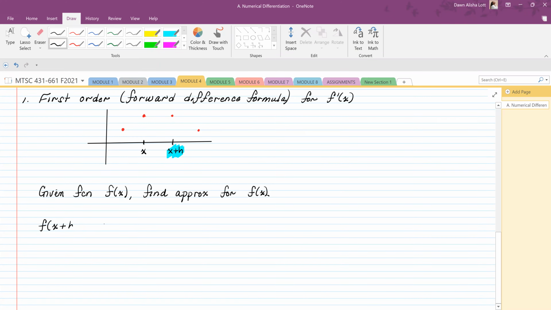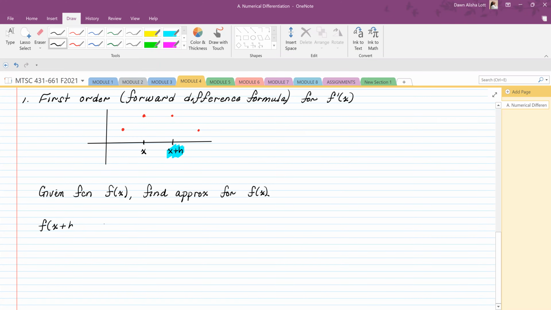Okay, so now when you divide by h, f prime of x is f at x minus f at x minus h divided by h, plus f double prime at x times h over 2 factorial, minus f triple prime at x times h squared over 3 factorial, plus dot dot dot.